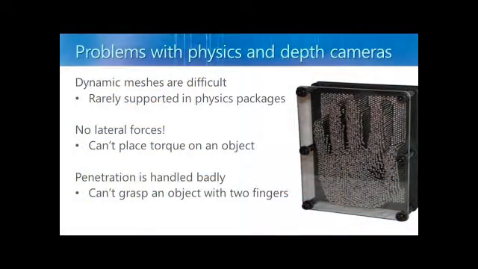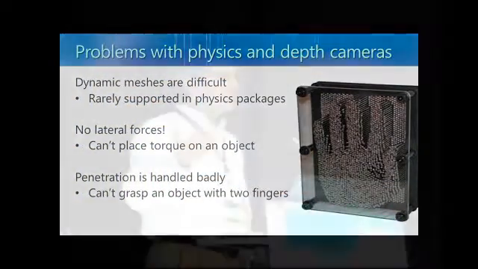But the problem is that the output from your depth camera is basically a dynamic mesh. You get a mesh that changes at every frame, and dynamic meshes are not really supported in physics simulations. All physics simulations assume rigid bodies, because in reality it's hard to extend or compress something without changing the physicality of that property. You're changing the density, basically.